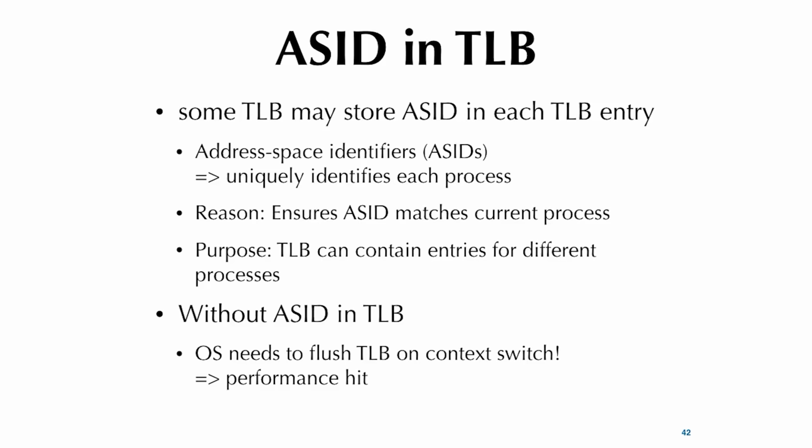So if you don't flush this, what happens? You try to access some location, and the first thing it goes to is the TLB. And what happens if it happens to be a hit? Then it thinks, I'm going to go ahead, but it's the wrong mapping because you're using another process's mapping. That's not good. And worst of all, it may be mapped to memory that actually takes you to another process's memory in physical memory, which you're supposed to protect.